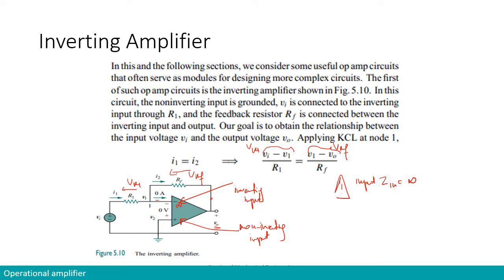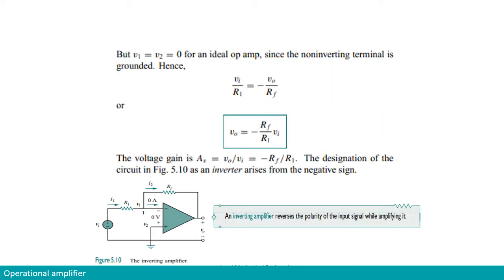So next, what can we do once we have this? Here we also know that V1 and V2 equal 0 for an ideal operational amplifier. Let me explain this a bit. We have the inverting terminal and the non-inverting terminal.